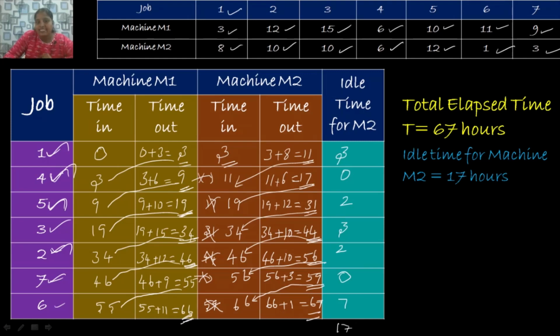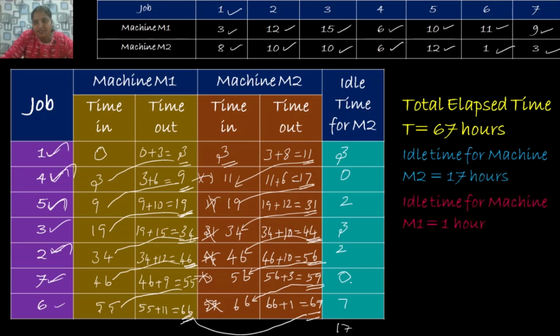So it has completed job 6, that is, all the jobs at 66 hours, even though it has to wait for machine M2 to process all the jobs. So here the time is 67 hours, when machine M2 has completed its processing time on all jobs. So here the difference is 1 hour, 67 minus 66. So this machine idle time is only 1 hour.